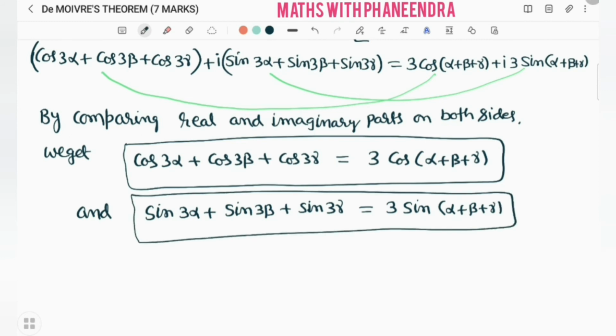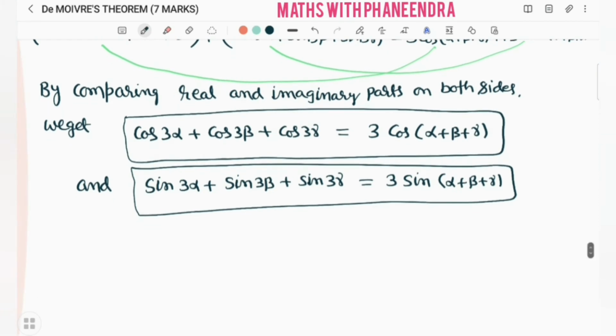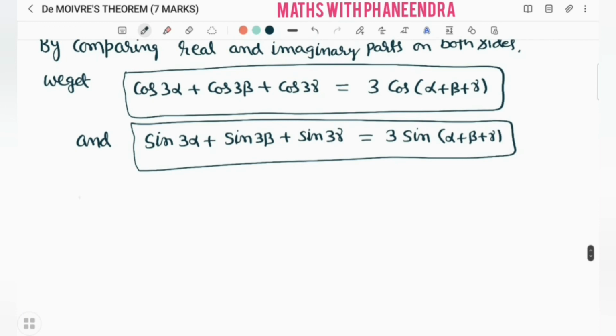So how are we going to get the third question answer? As we know, 1 by x plus 1 by y plus 1 by z is equal to 0.